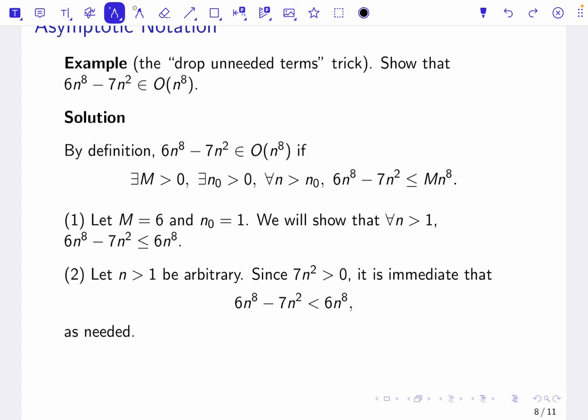This proof uses n not equal to 1. I like that. It's the smallest integer that is strictly greater than 0. But I suppose if you really wanted to, you could say let n equal 0.0000000001, and it would still work.